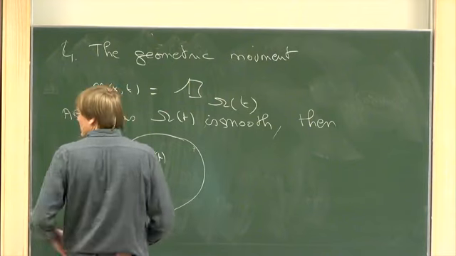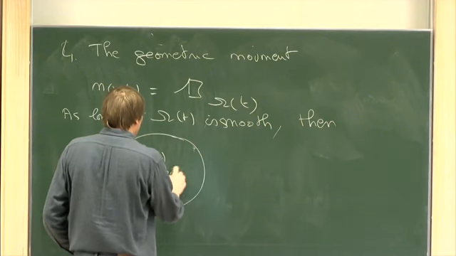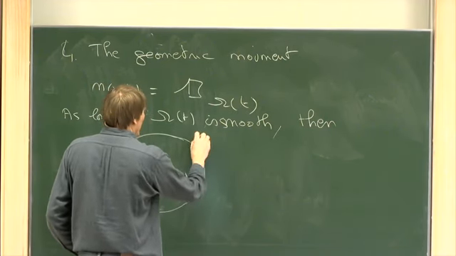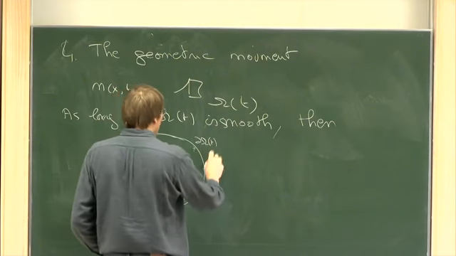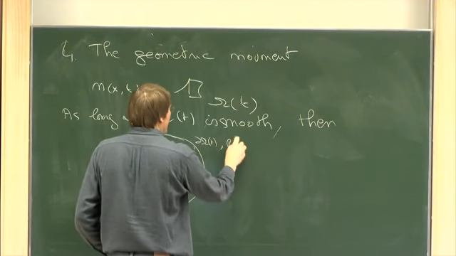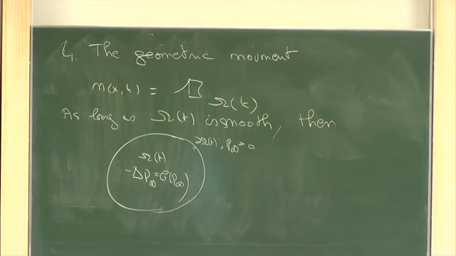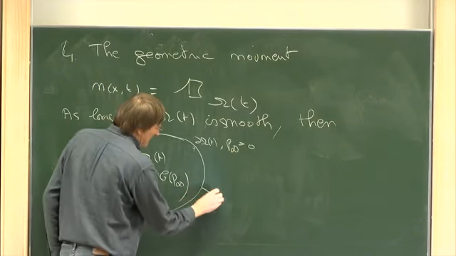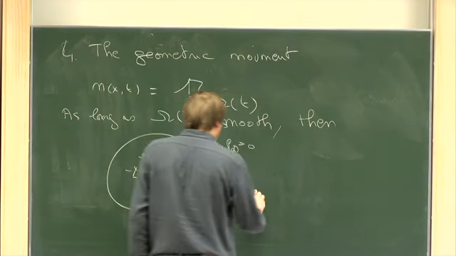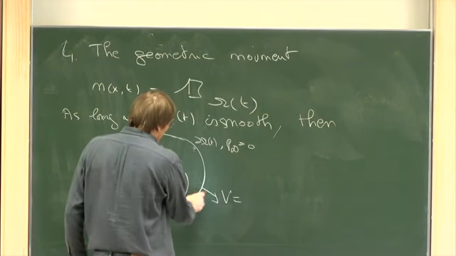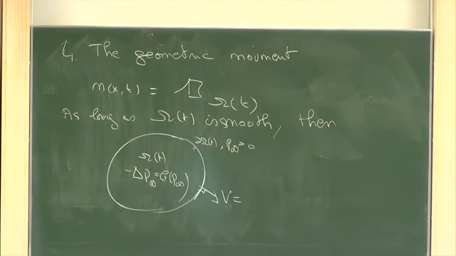You solve this equation, minus Laplace P infinity equal G of P infinity inside. On the boundary, you have P equals 0.